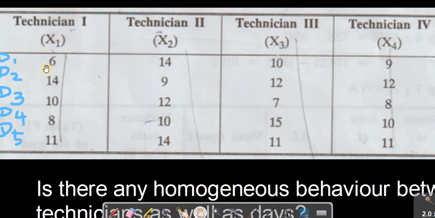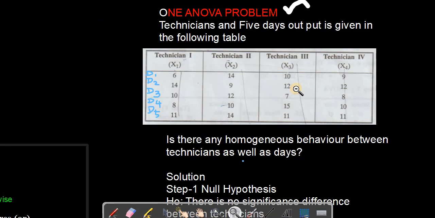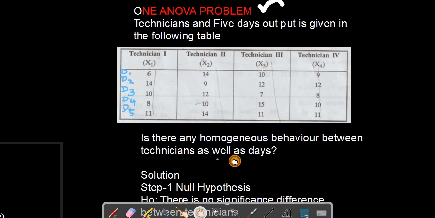The third technician on the first day, 10 output. The fourth technician brings out 11 output on the 5th day. Like that, this is the output given to us.